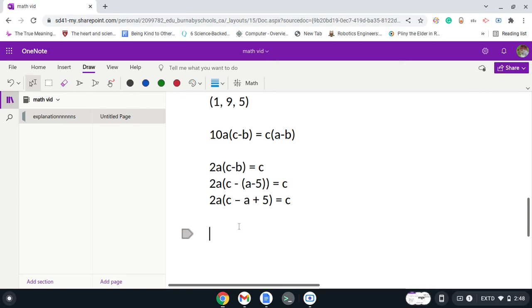And finally, for the last case, it's if A minus B is equal to negative 5.